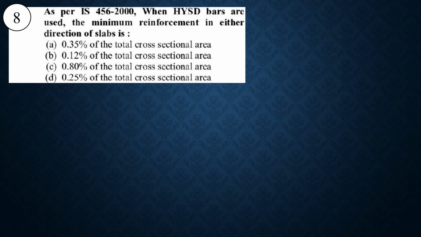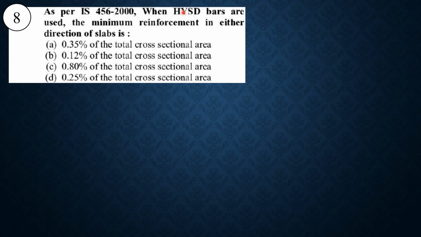Then eighth question, as per IS 456-2000, when HYSD bars are used, the minimum reinforcement in either direction of the slab is. Minimum reinforcement in case of HYSD is 0.12% of total cross sectional area.